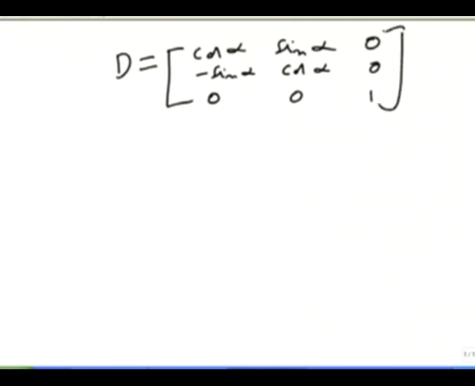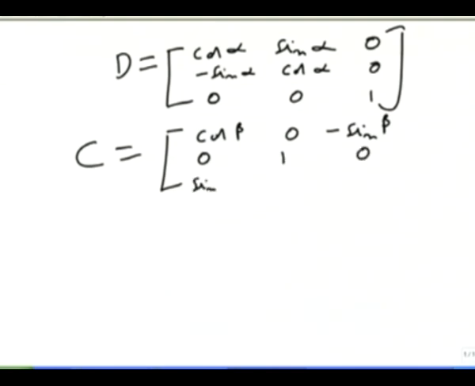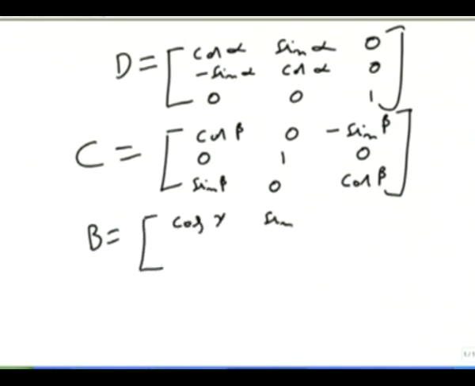Then the rotation about another axis can be specified by C, with cos beta, 0, minus sin beta; 0, 1, 0; sin beta, 0, cos beta. And the rotation about the third one, B, is cos gamma, sin gamma, 0; minus sin gamma, cos gamma, 0; 0, 0, 1.